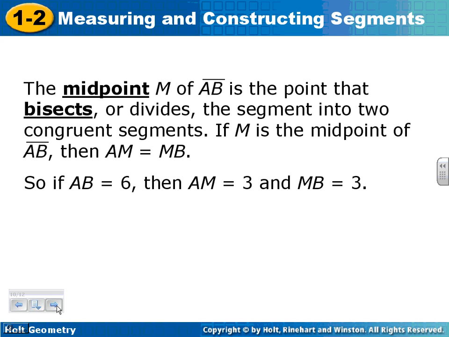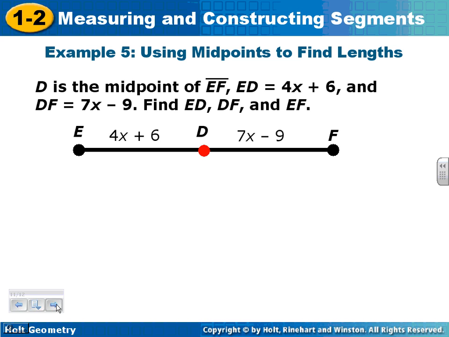So if AB is 6, let's draw this. From A to B, if that's 6, and there's M, then this would have to be 3, and that would have to be 3, because 3 plus 3 equals 6. That's just my midpoint.